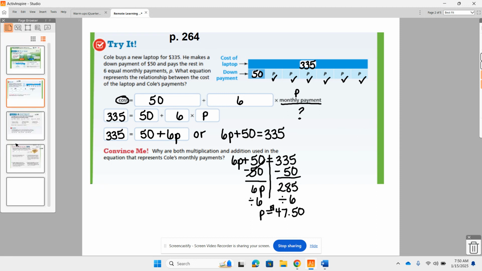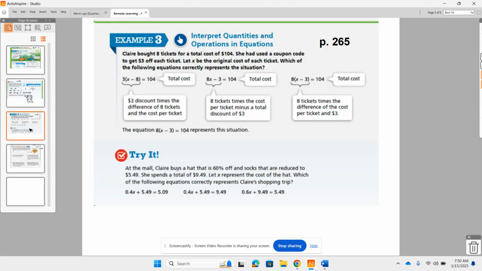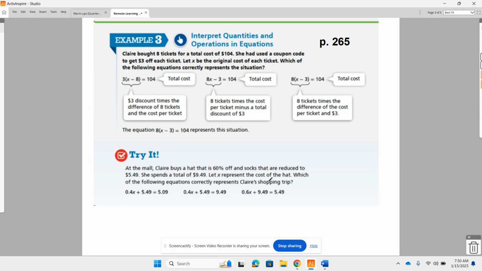Remember, your job is to do the other try-its as part of your warm-up and then to move to the practice pages. So let me help you just a little bit on both of those. You've got another try-it on page 265. I want to give you a little clue on this one because you might choose the wrong one if you're not paying attention. Remember that on this one about Claire, she's got 60% off.